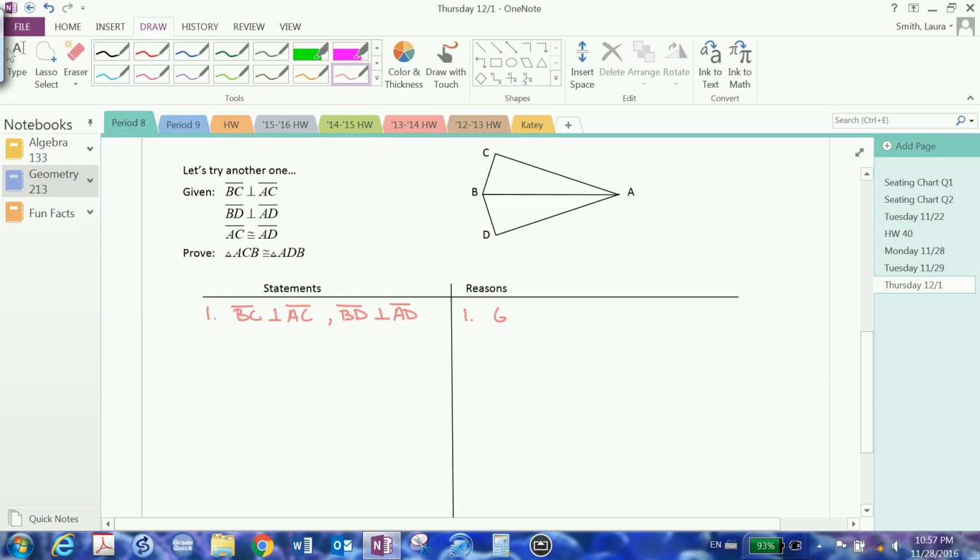All right, and how I would mark that on my diagram, what that actually gives me is that these are right angles. So that's what I'm going to say. Angle C and angle D are right angles. And that's because perpendicular segments imply right angles.